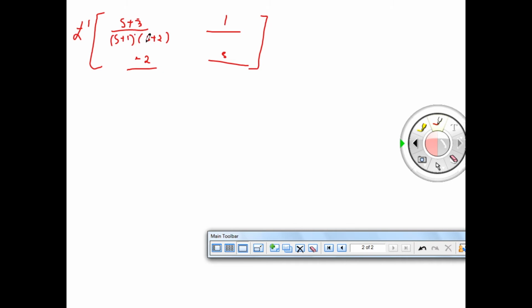In the denominator there will be this quantity, so you have to take the Laplace transformation of each quantity.